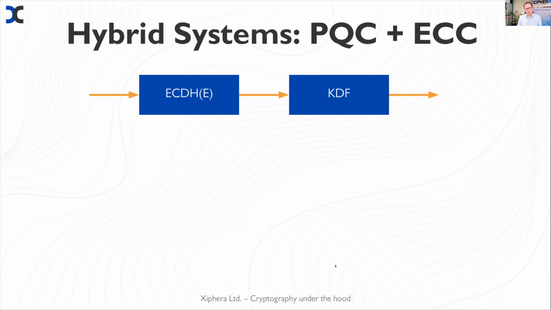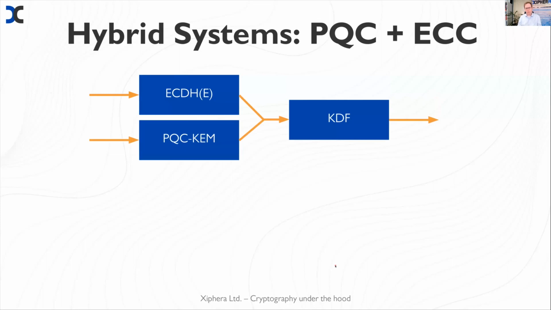Nowadays, when we use ECC for key exchange, we have elliptic curve Diffie-Hellman, and we compute the shared secret with that protocol. But we don't use it directly; we input it into a key derivation function, KDF, before using it for encryption or authentication.